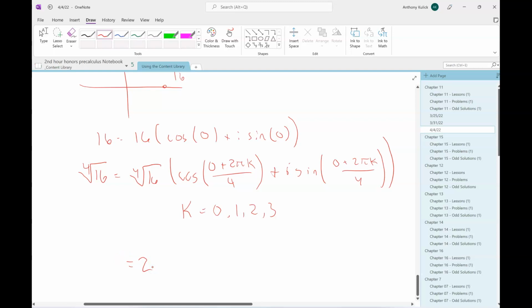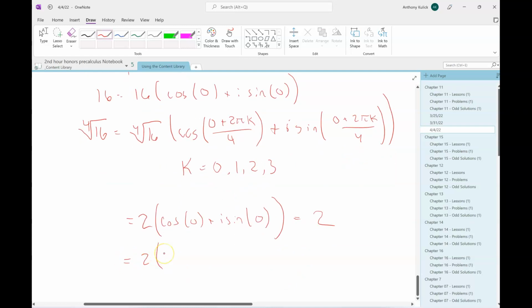So fourth root of 16 is just 2. For k equals 0, I'm going to have cosine of 0 plus I sine 0, right? Everybody's cool with that? Well, that's just 2.